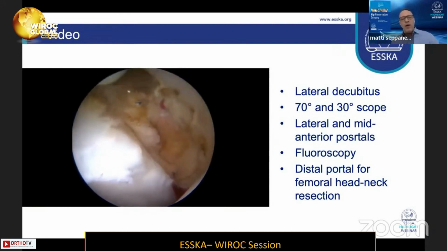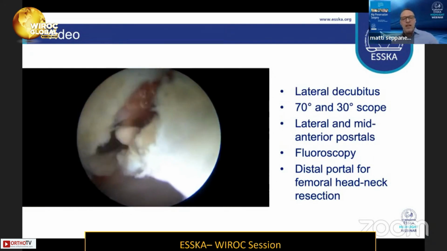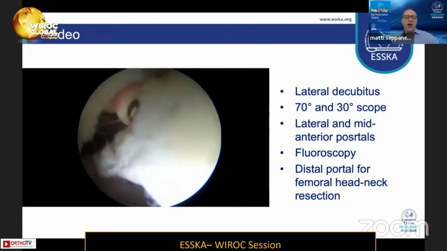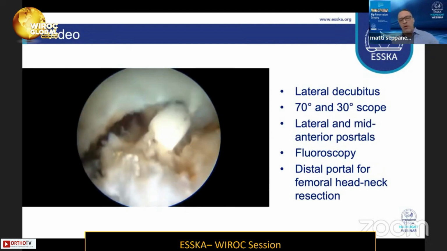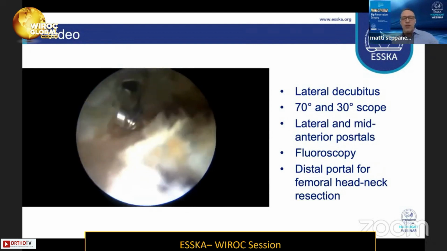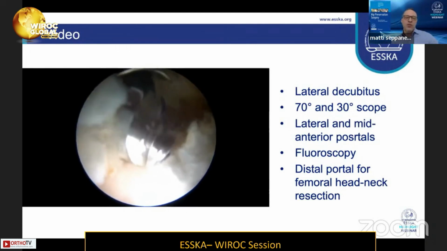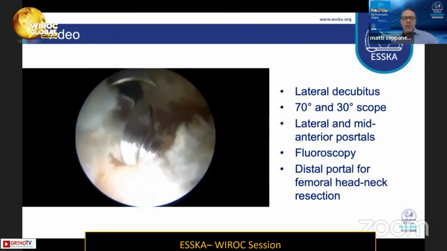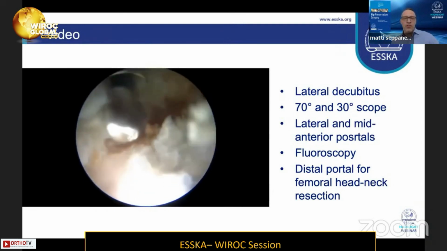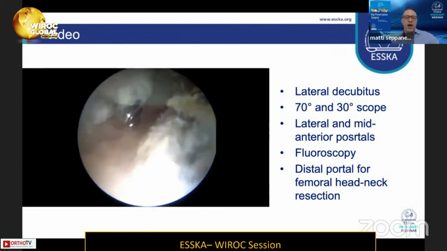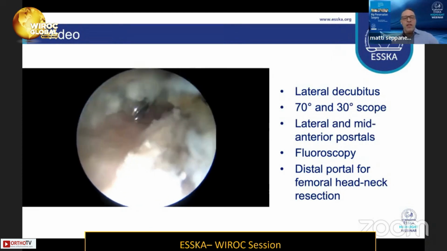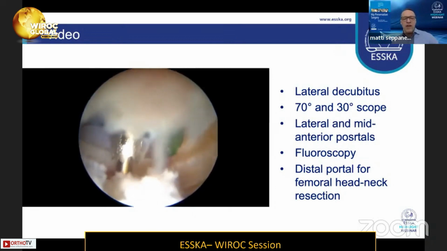My preference is lateral decubitus position, where you can go without any help of your scrub nurse. I usually choose lateral and mid-anterior portals, where I can do the release of the labrum. Then I can do the resection of the acetabulum.